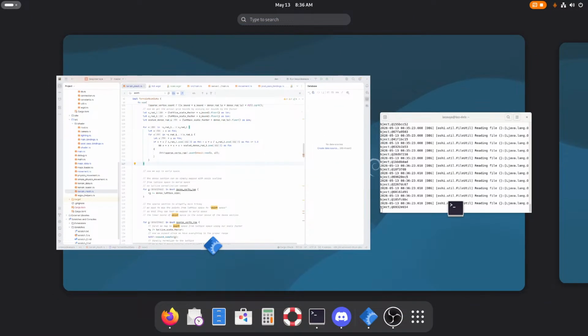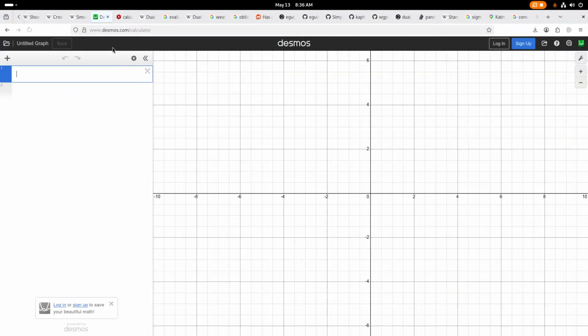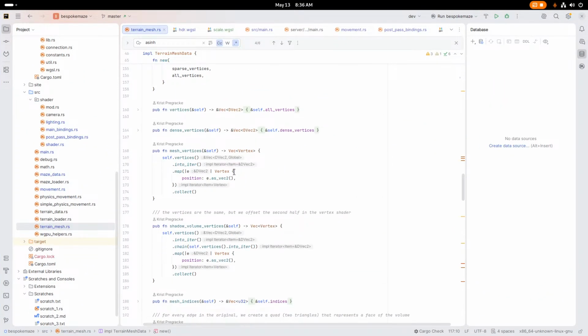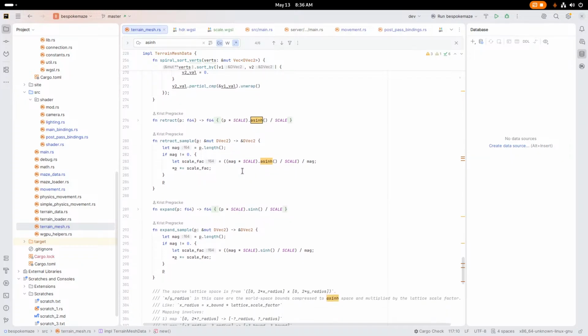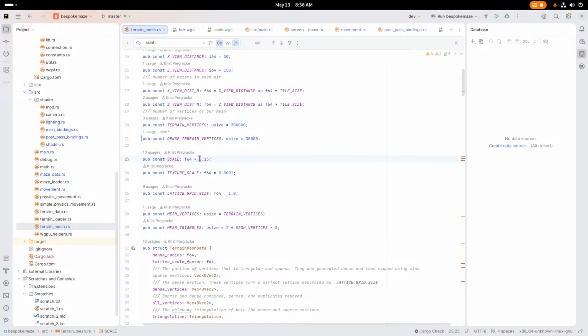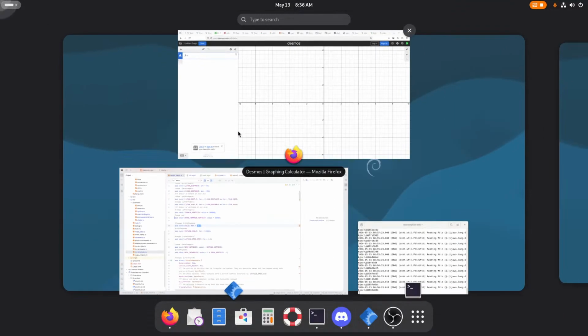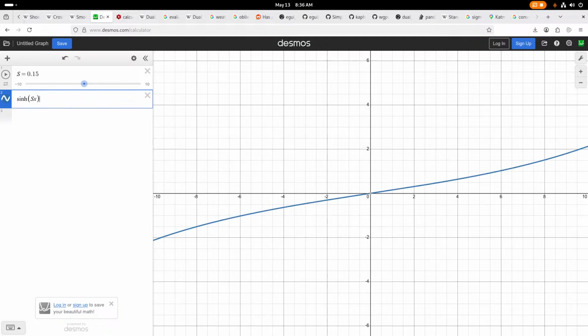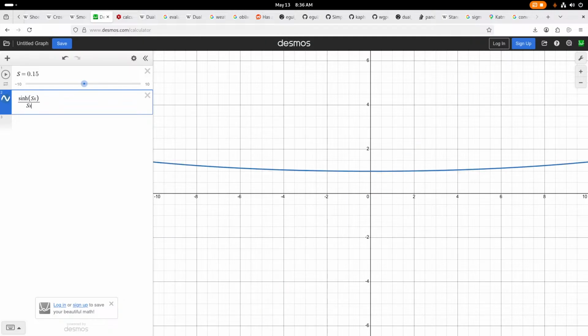Yeah, because the important value is... okay, so if I open up Desmos or something, right? I'm looking for, let's say S is, I don't know. What do I have S set to in the code? The scale. 0.15. Why not? Okay, so S is 0.15. So we have sinh of sx divided by sx.